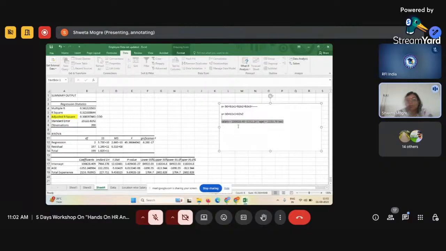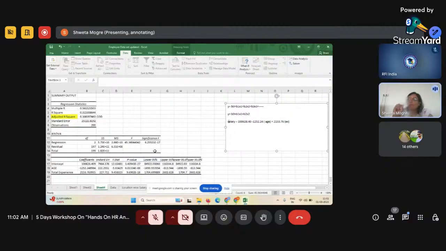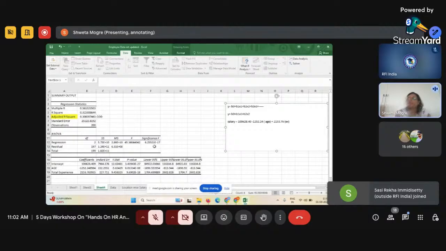For that purpose, you need to check whether your regression model is fit or not. To check the fitness of the regression model, you have applied ANOVA, and actually you are checking your hypothesis at 5%.